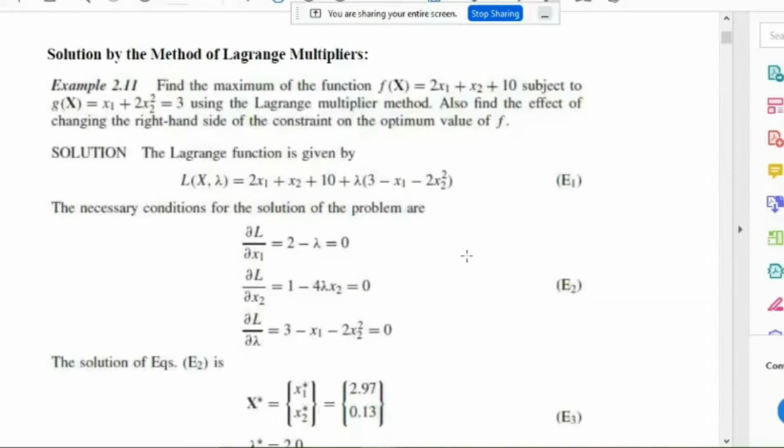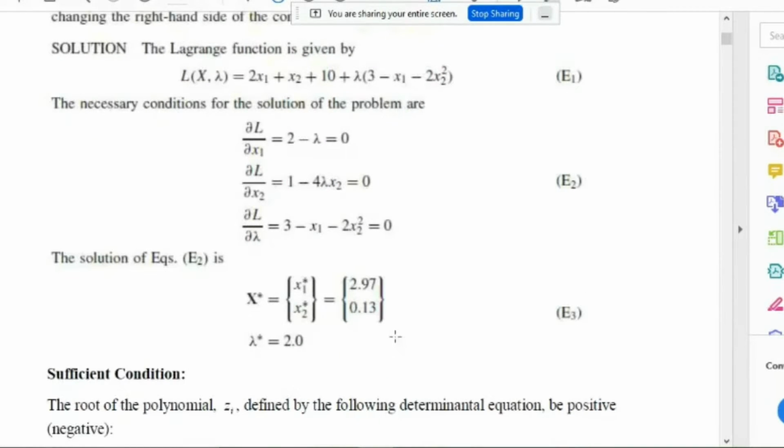While solving any problem of this type, a multivariable optimization problem subjected to equality constraints, we need to develop the necessary conditions and then the sufficient conditions. From the necessary conditions, we find the solution by trial and error, and from the sufficient conditions we can prove whether the solution is a relative minimum or a relative maximum.